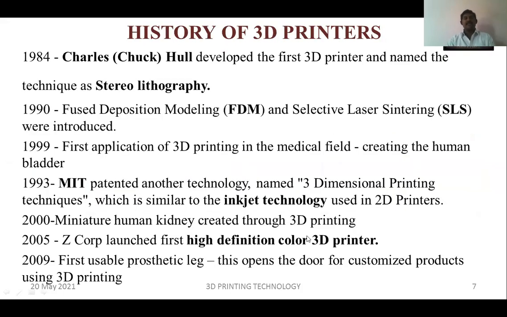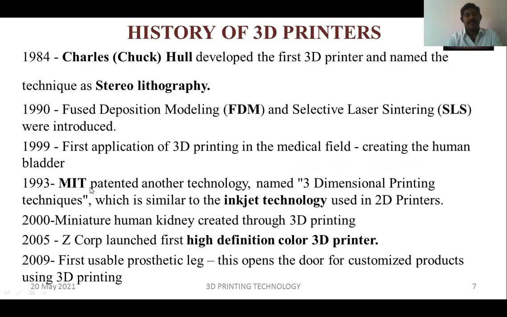And we see the history of 3D printers. In 1984, Charles Hull developed the first 3D printer, named stereolithography. In 1990, fused deposition modeling and selective laser sintering were introduced. In 1999, the first application of 3D printing in the medical field, a human bladder, was made.